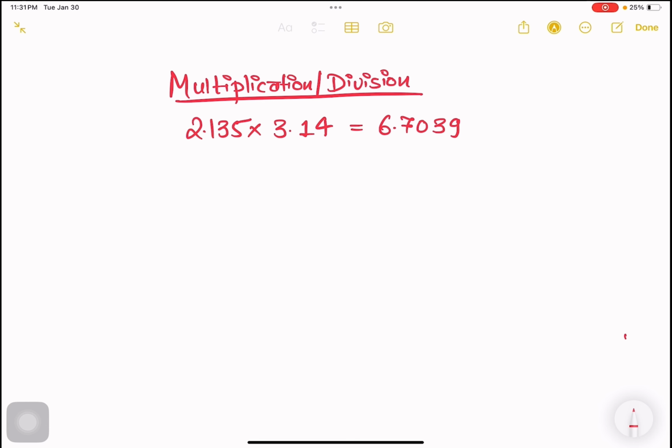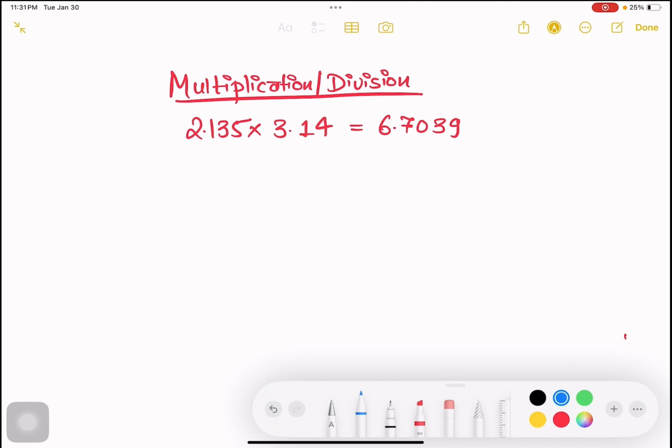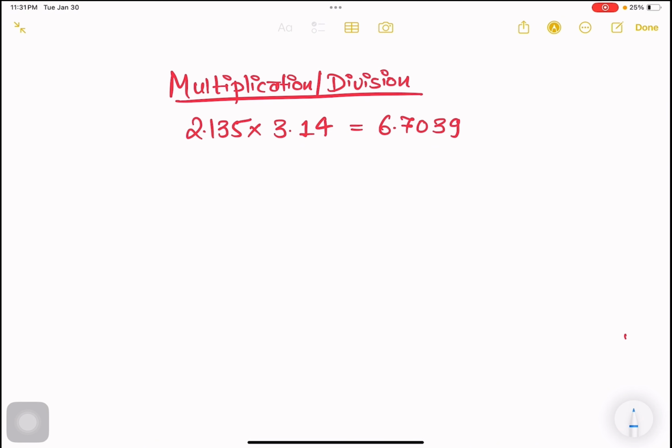So now the first thing I will do, if I see a multiplication or division question, is look at the significant figures of the original numbers. This one has 1, 2, 3, 4, 4 sig figs. This one has 3 sig figs. So my answer can have only 3 significant figures. Okay, that's the lowest one among these two. So 1, 2, 3. I'll draw a line there, and the next number is 3, so I will leave it as 6.70. Okay, so it has 3 sig figs.